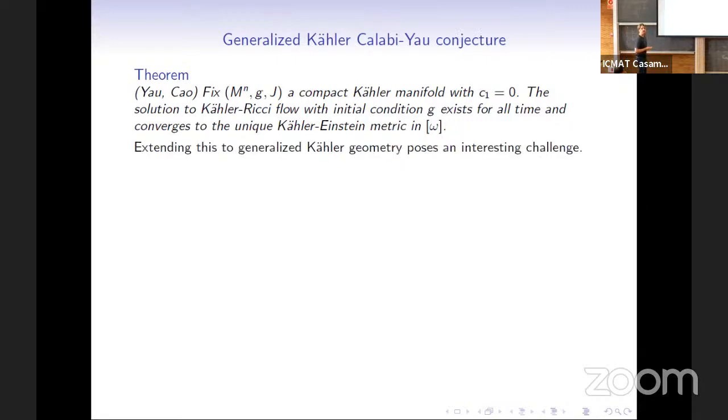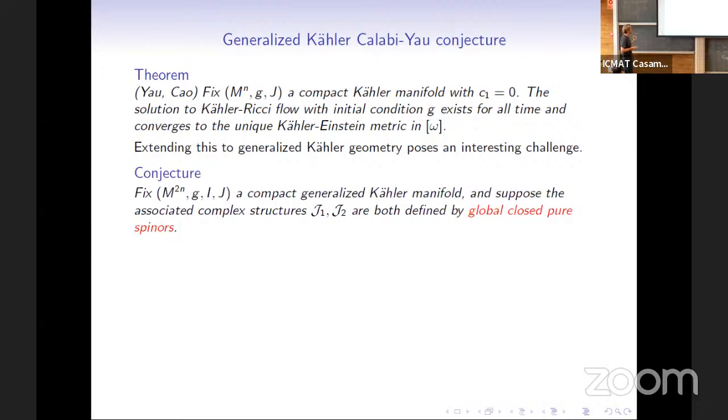It's natural to try to extend this to generalized Kähler geometry, but as we've already seen, there are probably a lot of new features in play. But in one case, I think I know what the right conjecture is. It's a very special case. I fix a compact generalized Kähler manifold, and I ask that both of these GC structures are defined by global closed pure spinors.